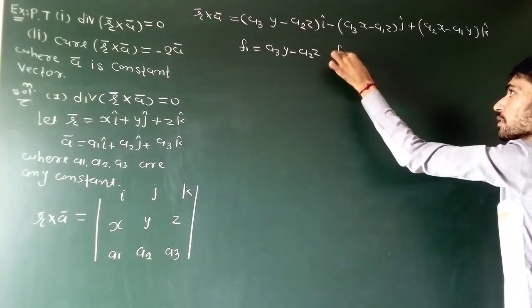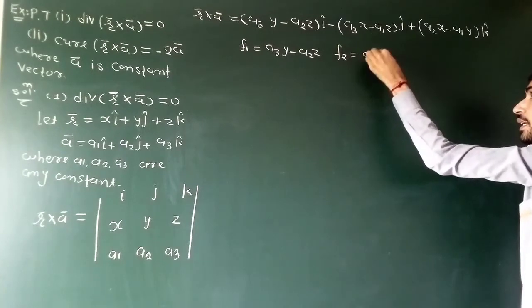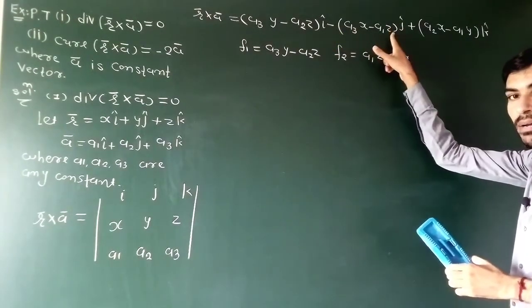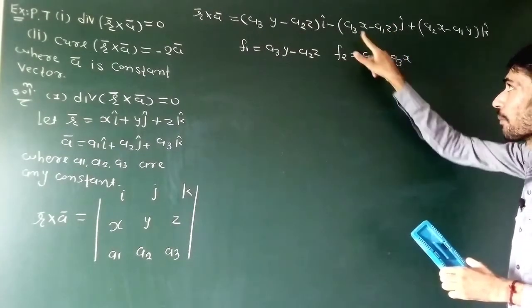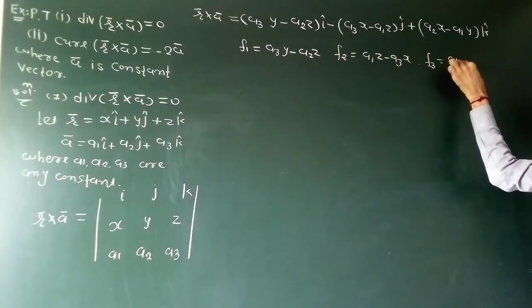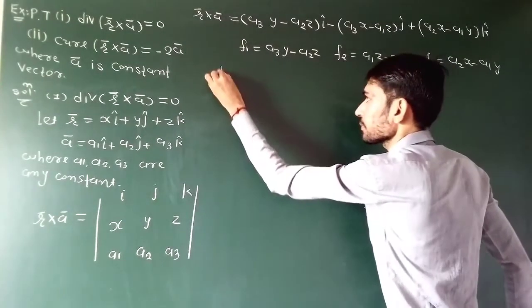Our f2 term has a minus sign, so multiplying the minus inside, our term becomes a1z minus a3x. And our f3 term is a2x minus a1y.